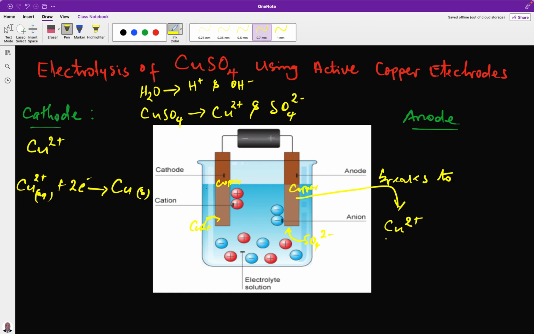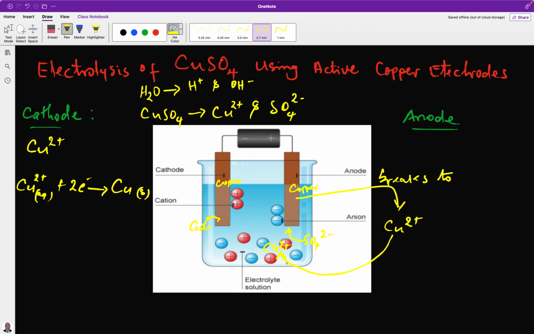The copper ion now comes into the solution again. And in the solution, what happens?